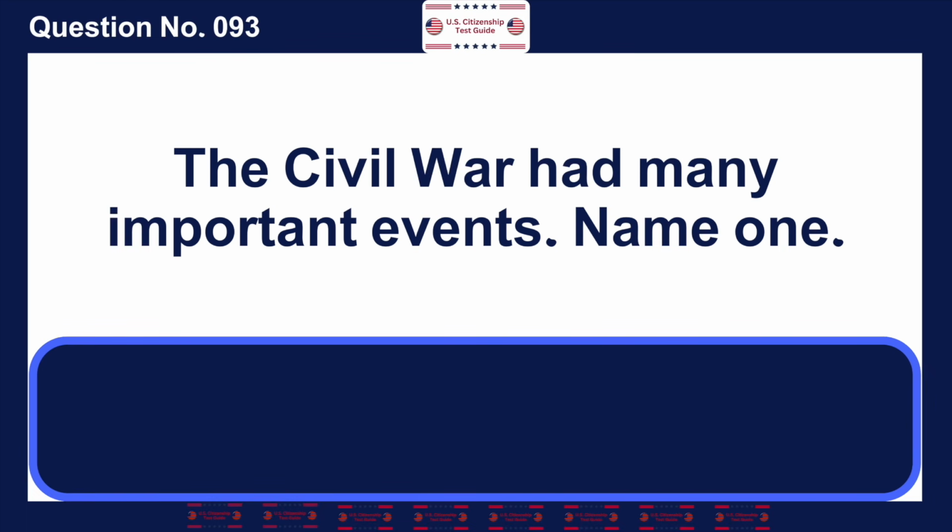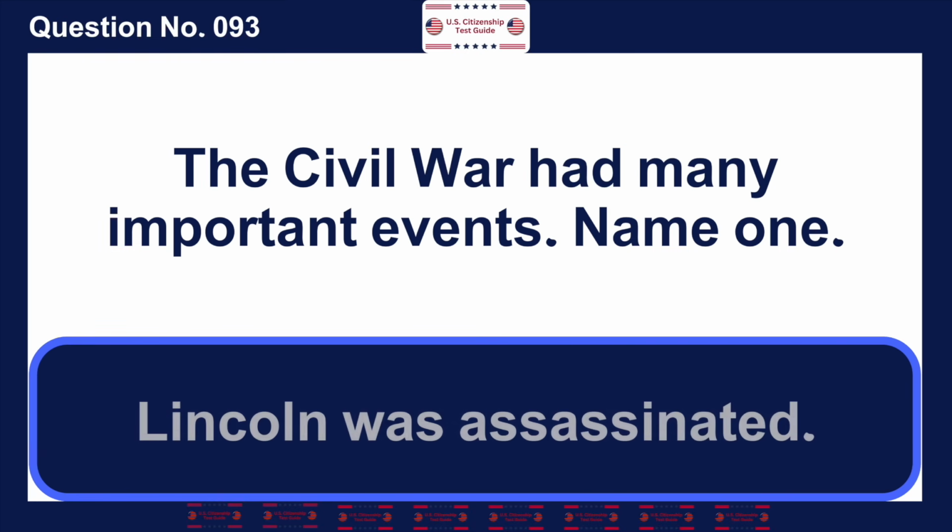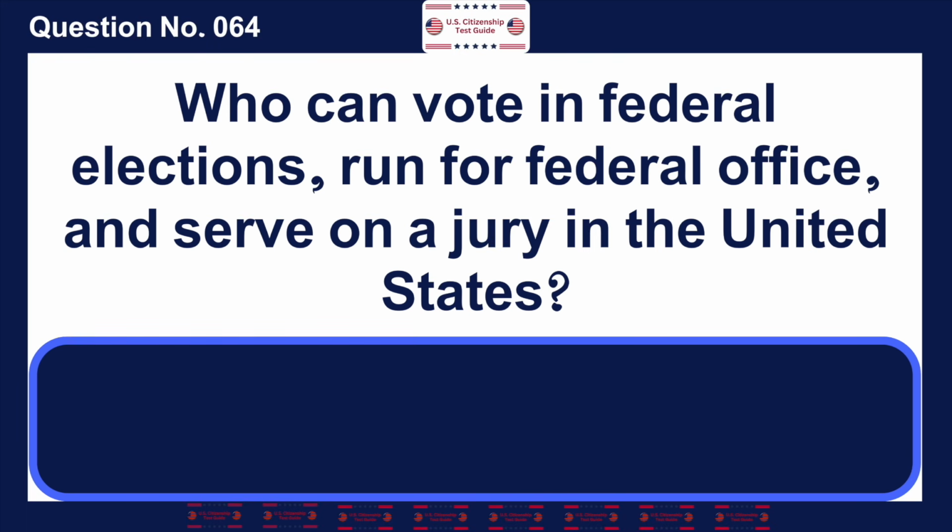The Civil War had many important events. Name one. Lincoln was assassinated. Who can vote in federal elections, run for federal office, and serve on a jury in the United States?